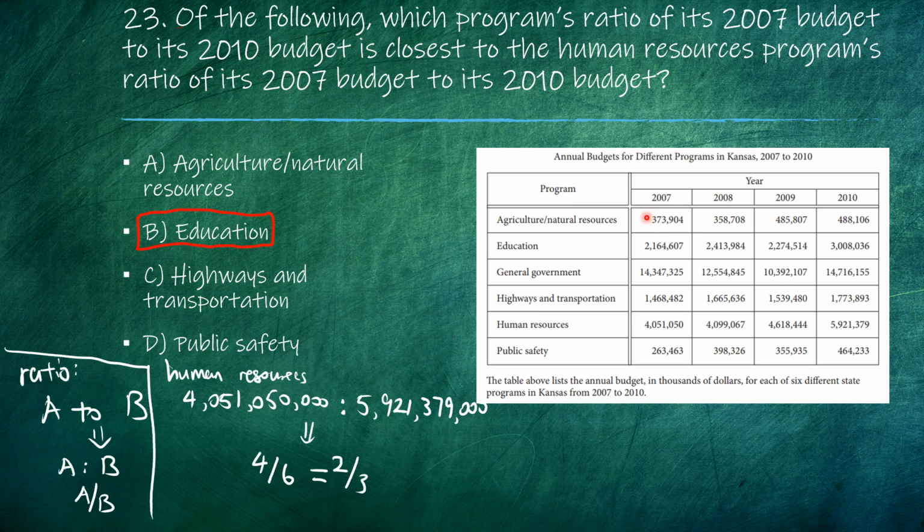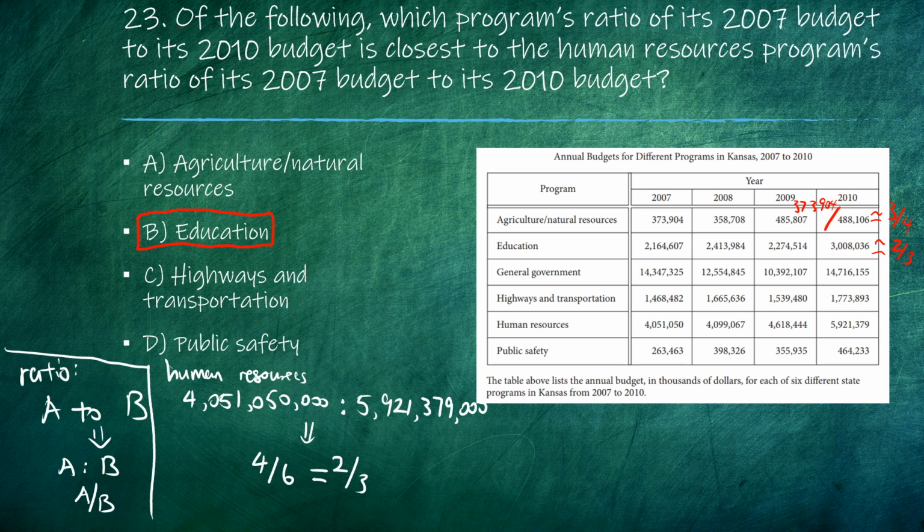So first plug this into the calculator. When we divide this number by this number, so let me write it here, 373,904 divided by this, the ratio will come out to be a number very similar to 3 over 4. And if we were to do this number divided by this number, once again the ratio is very similar to 2 over 3. So that is our answer.